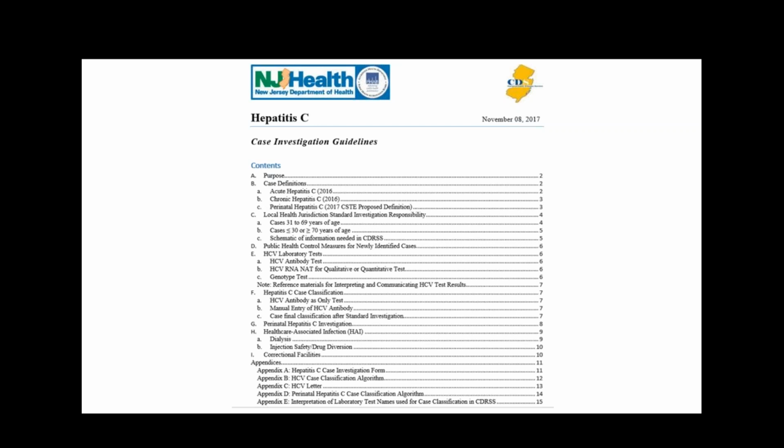Finally, in the appendix, one will find the revised CDS-17 case investigation form, a standard non-perinatal case classification algorithm, an HCV template letter, a perinatal case classification algorithm, and interpretation of HCV laboratory test names used in CDRSS.